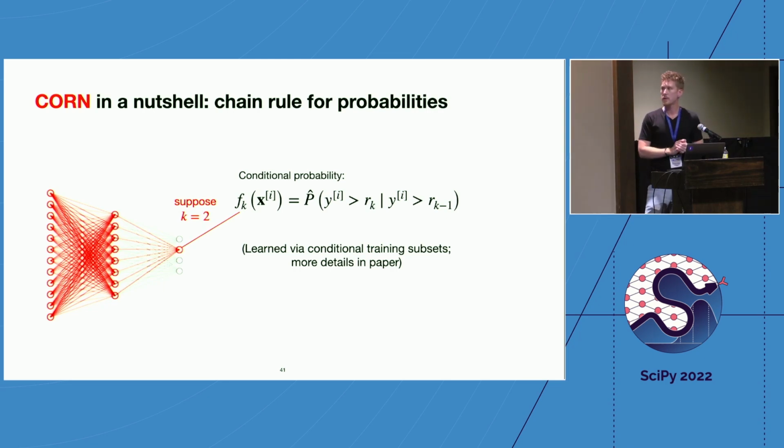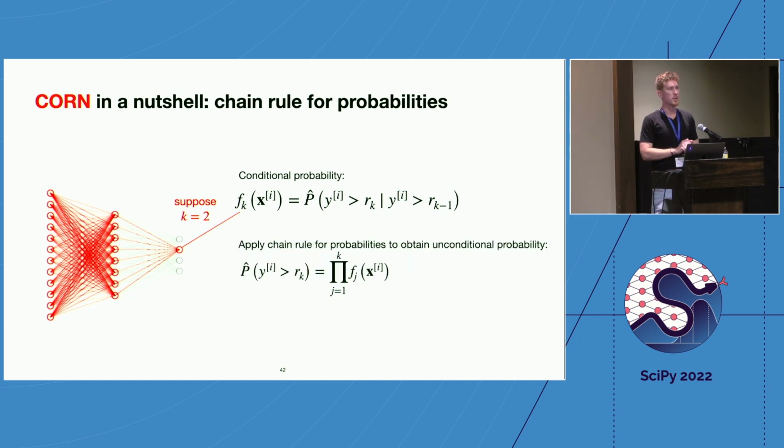How these conditional training sets work is detailed in the paper. But the main idea is essentially applying the chain rule for probabilities, which in statistics is also called the general product rule. It's essentially just multiplying these conditional probabilities to obtain the unconditional probability. And just to have one quick example here at the bottom for this output node I'm highlighting.